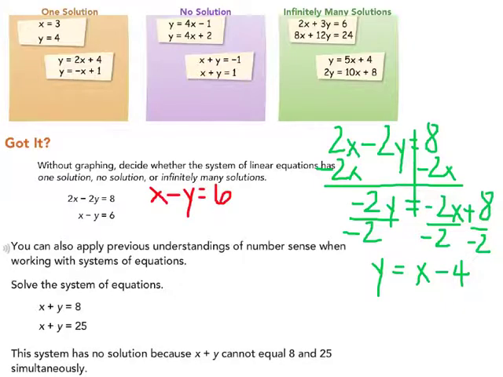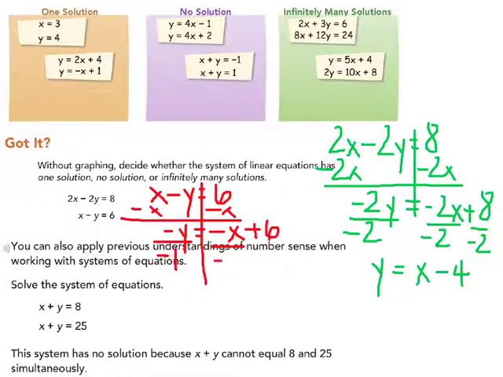So I'm going to subtract x from both sides, and that leaves me with negative y equals negative x plus 6, and then I'm going to divide by negative 1, and that leaves me with y equals a positive x minus 6.